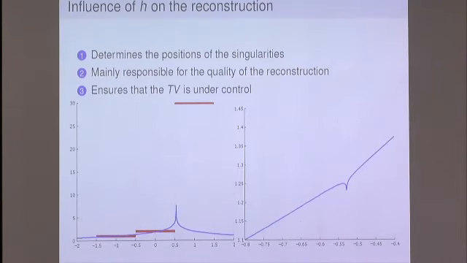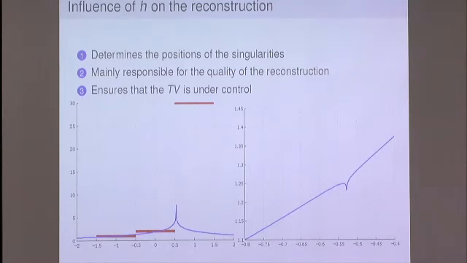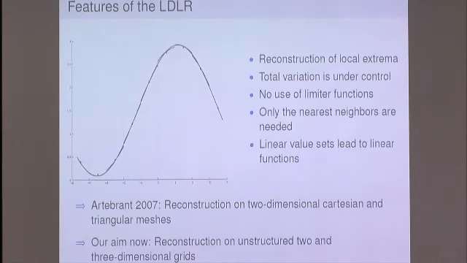And the other one is, if you have this type of singularity, then the function is reconstructed in this way, and this second singularity sits somewhere here. So we have zoomed in here, and you see that it is sitting somewhere here.